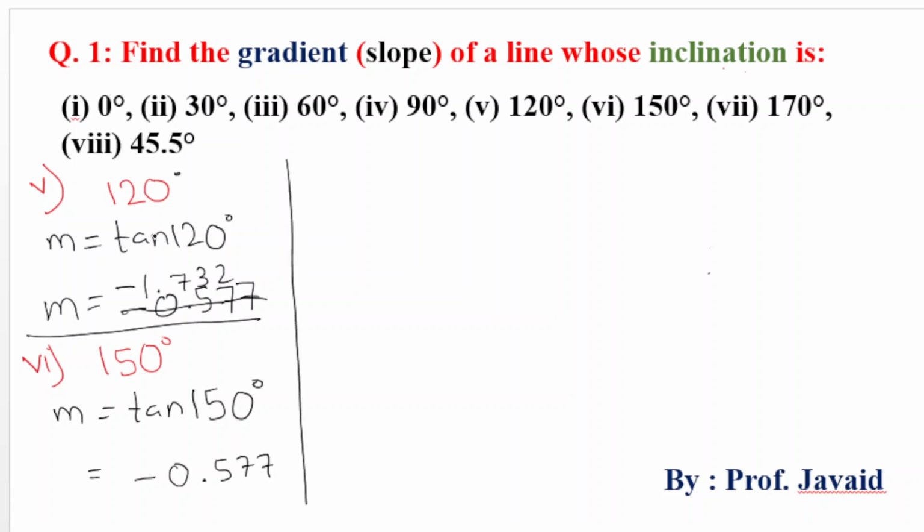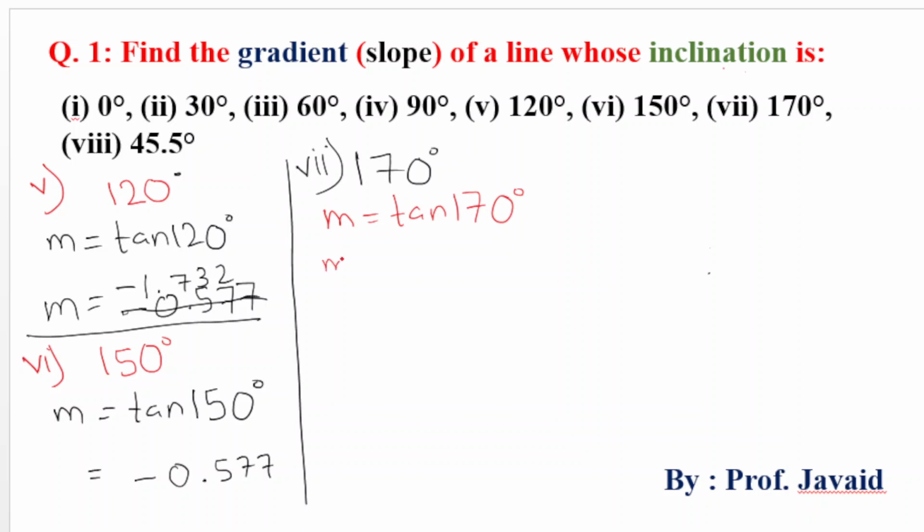So let's move toward the next. No mistake in the question, in the process. The calculating mistake is not a big matter. So don't worry. I'm just like a human being, and a human can make mistakes. So the next is 170 degree. So now you know that m is equal to tan 170.